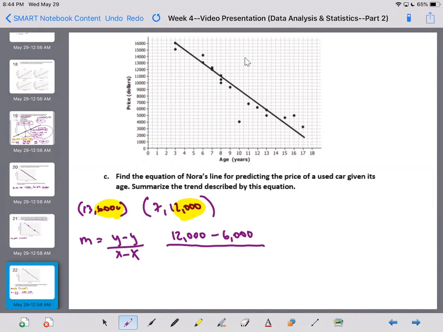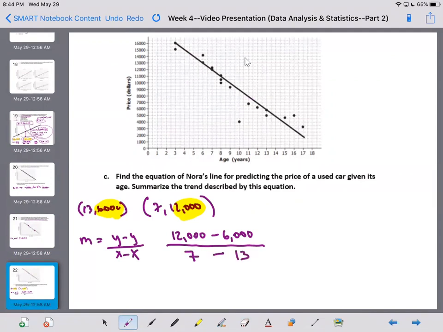But remember, what we're looking for is the rate of change, and the change is how the y values change divided by how the x values change. So that gives you that rise and run idea. Since I started with 12,000, I've got to grab 7 minus 13.